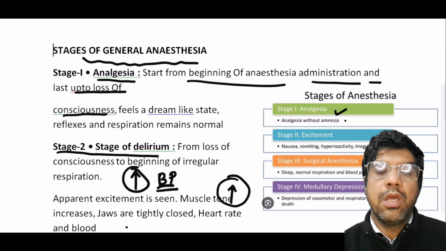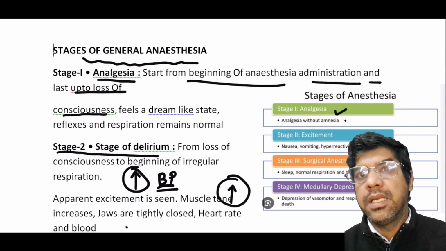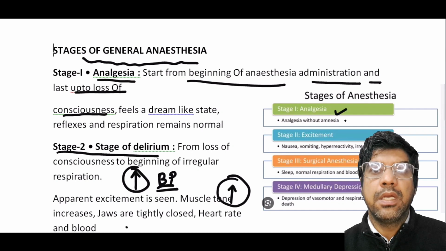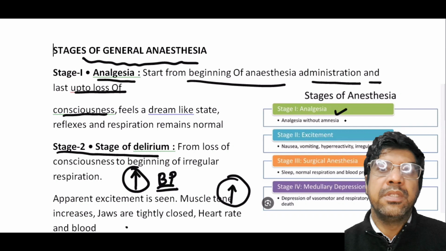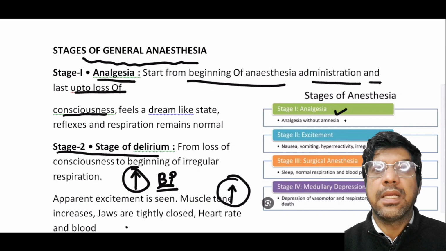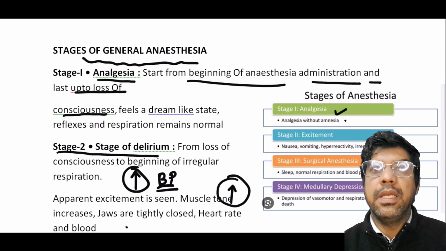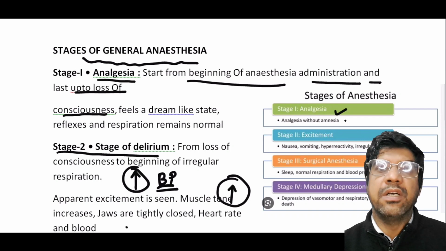So here the anesthetist has to ensure proper airway management, and closely observe the signs of increased sympathetic activity. Additional anesthetic agents may be administered to achieve a smoother transition to the next level.